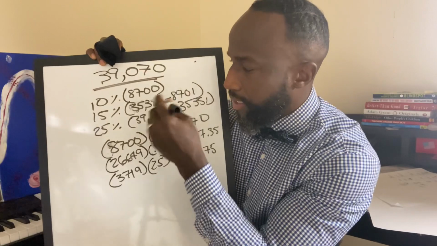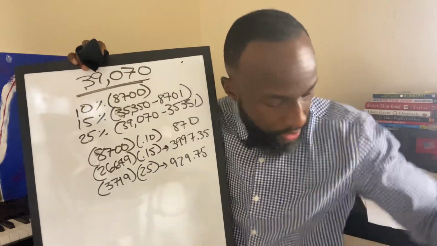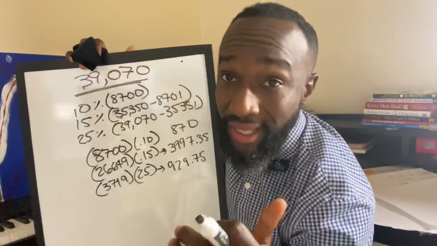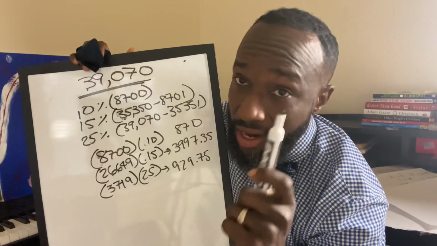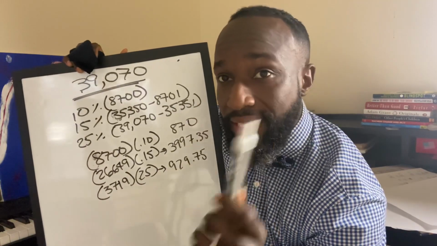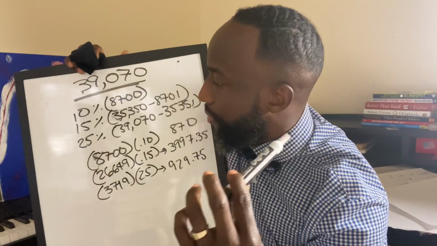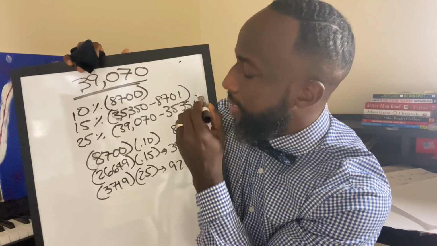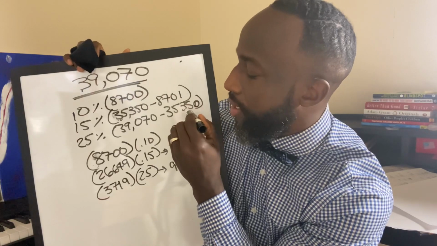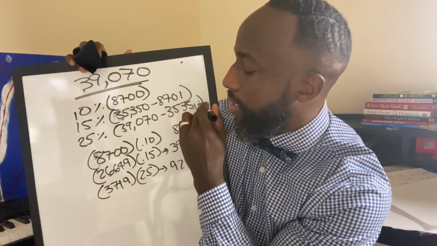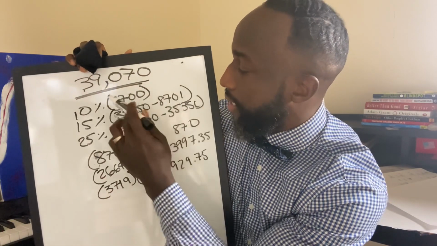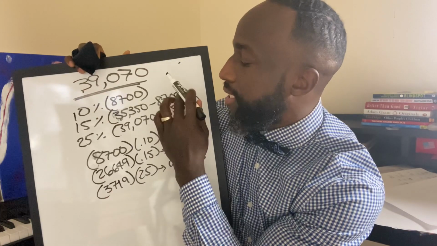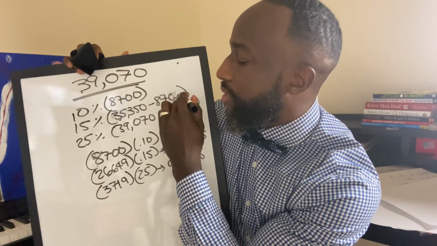We subtracted these differences. Now, if you worked out that first problem with me and your numbers were slightly off, they're off because in the table in this particular book, in this next bracket, they subtracted 350 instead of 351. And also in this bracket, they subtracted 8,700 instead of 8,701.